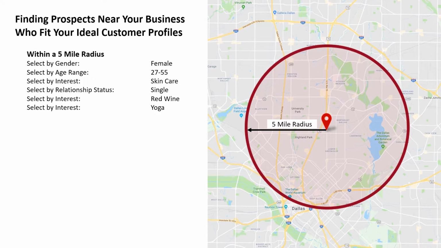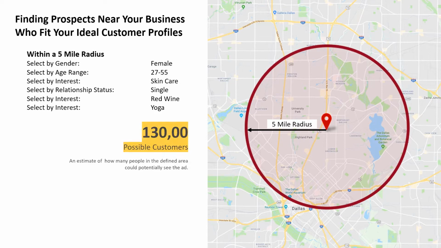How about that? What does that mean? 130,000, yes, 130,000 prospective customers to see your ad within a 5-mile radius based on this criteria. So, as you can see, your customers are most likely on Facebook.